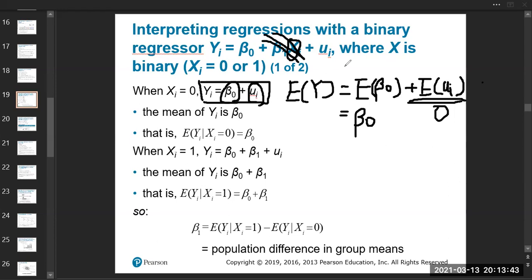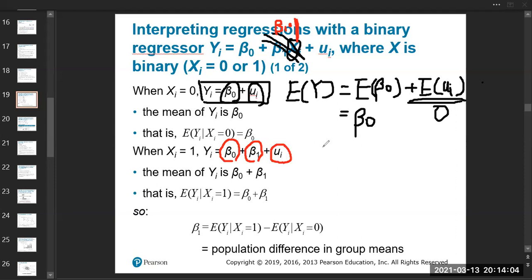While if we have x equals to 1, then anything times 1 equals to 1. So this is x equals to 1 times beta 1, right? Then we have beta 1 here. We still have beta 0, and we still have ui.